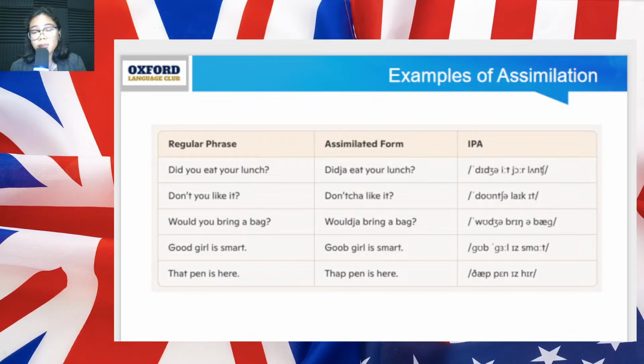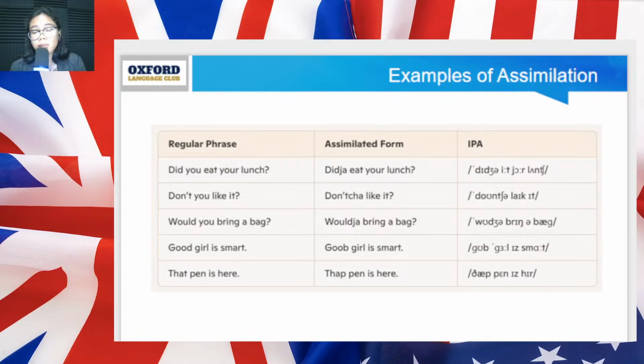Now, we had 5 examples to clearly show us in great detail how assimilation works in real, everyday English sentences as well as phrases. They fully demonstrate that assimilation is all about sounds changing to become more similar to their neighbors.